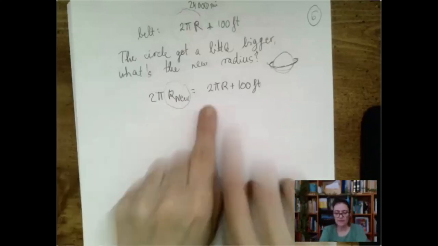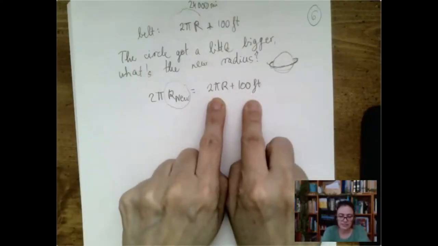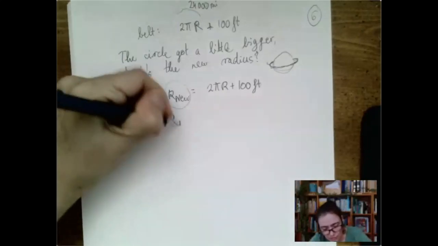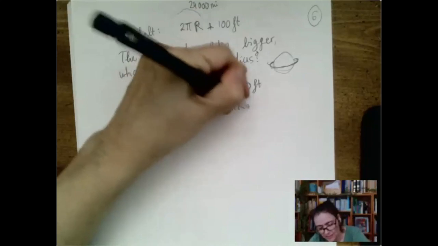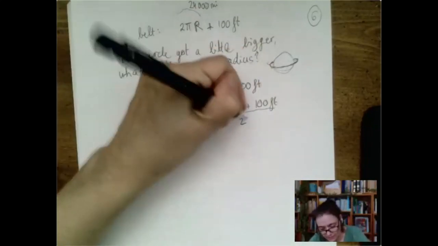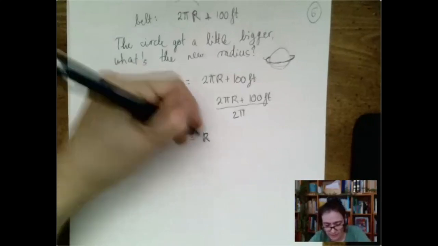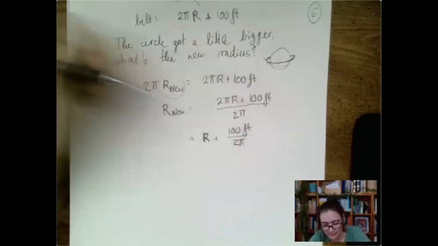So we had the circle, and then we added 100 feet, and that made a bigger circle, and we want to find the radius. And so the radius of the new one is 2 pi r plus 100 feet divided by 2 pi. So that's r plus 100 feet over 2 pi.